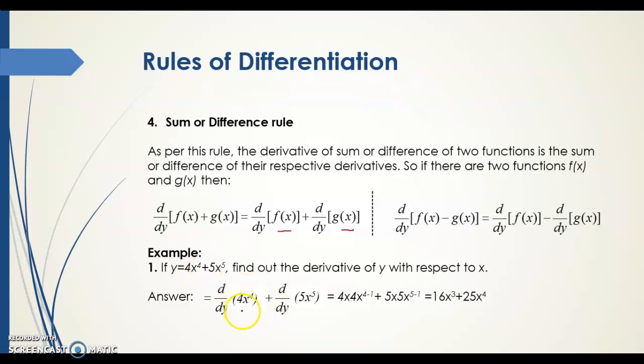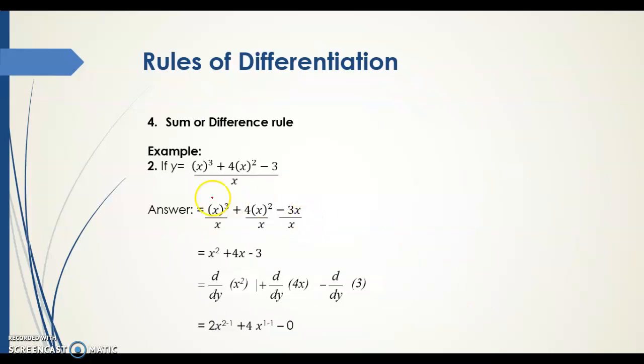This is a power function and this is also a power function. So this will be 4 into 4 x raised to power 4 minus 1. Similarly, this will be 5 into 5 x raised to power 5 minus 1. So this will become 16 x raised to power 3 plus 25 x raised to power 4. So this is your answer.